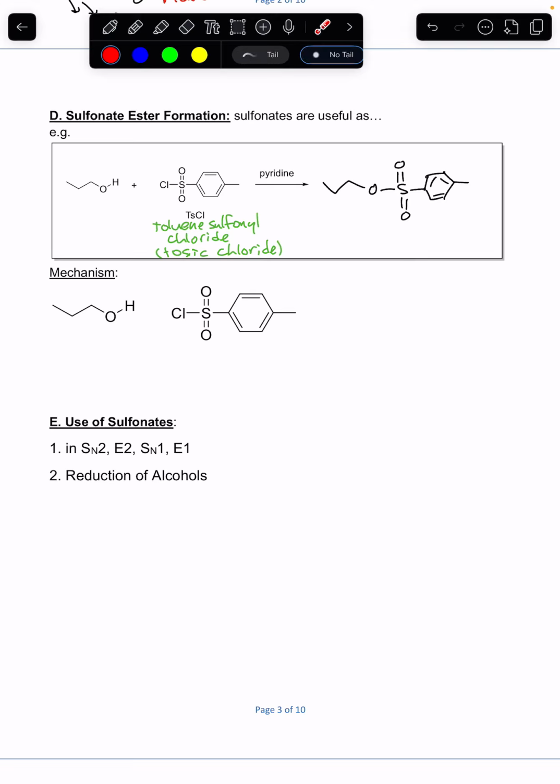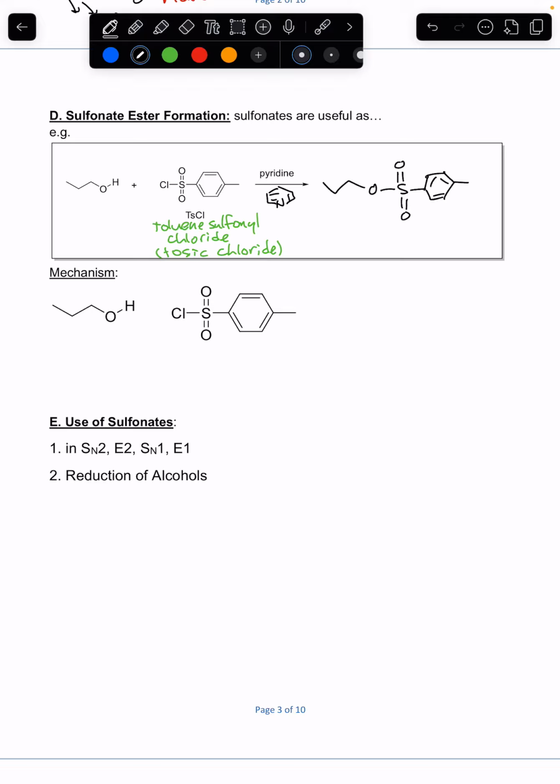It's abbreviated like this, and often it's accompanied by pyridine, which has a structure that looks like this. That's a pyridine. It's basically a benzene ring with one of the carbons replaced with nitrogen.